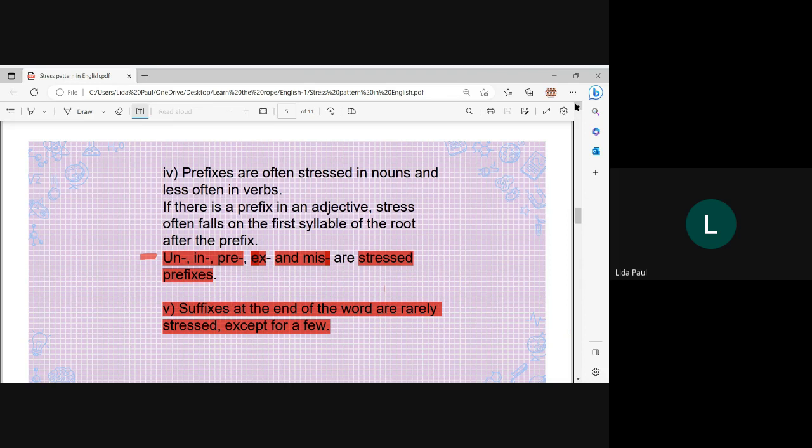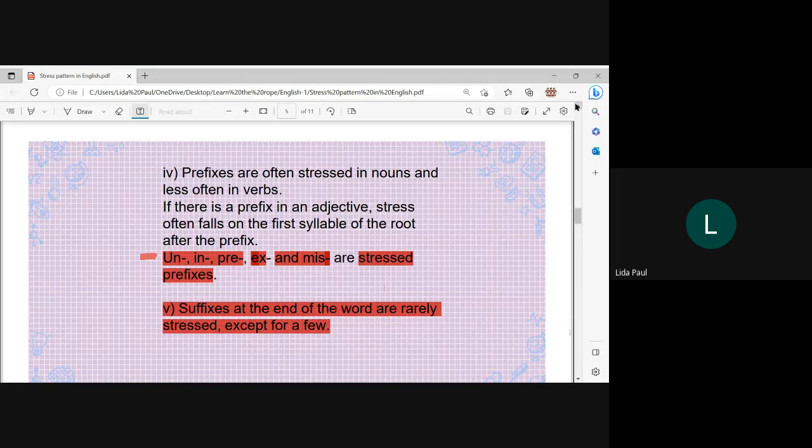The stress is always on the first syllable. So when I add the prefix dis to the noun interest, nothing changes. Okay, it remains the same. Disinterest, marked on the first syllable, interest in the original word interest. I add dis to it, no change. Again, the stress remains on the first syllable of the word interest. Okay.